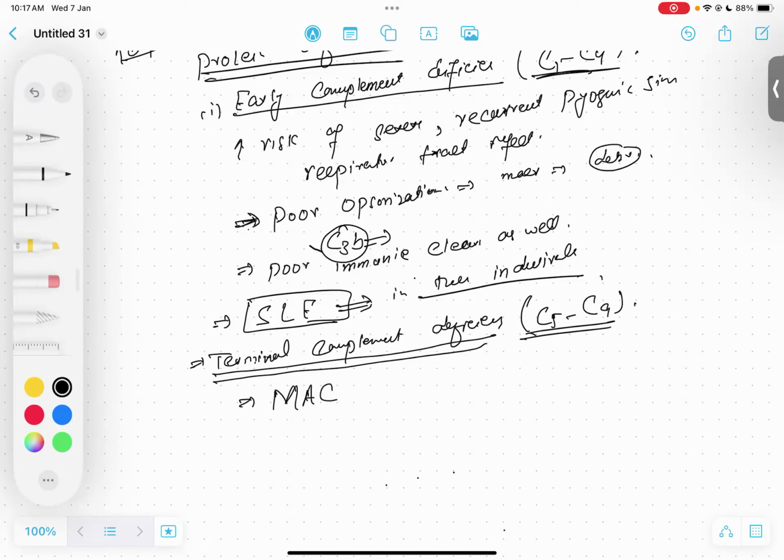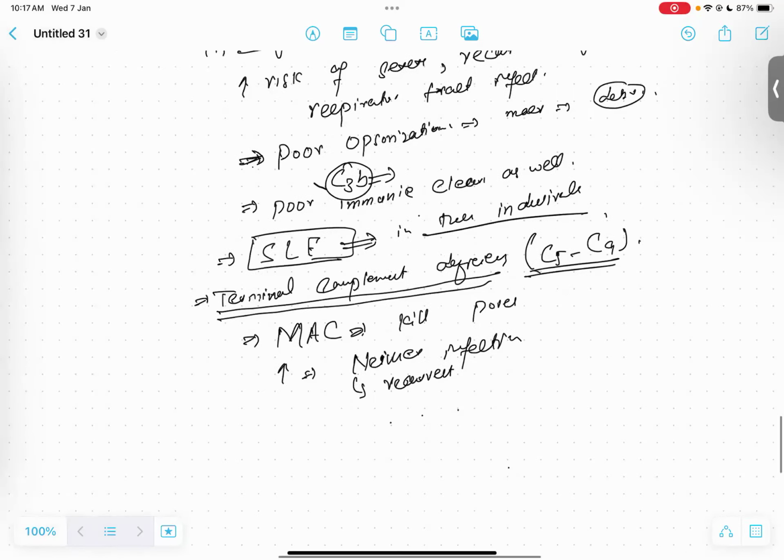And MAC is usually responsible for killing bacteria by forming pores. So there is increased risk of Neisseria species infections, and probably recurrent ones. So the terminal deficiencies are usually associated with recurrent infection with Neisseria. So these are complement protein deficiencies.